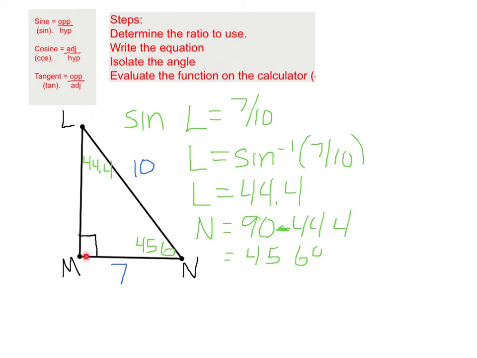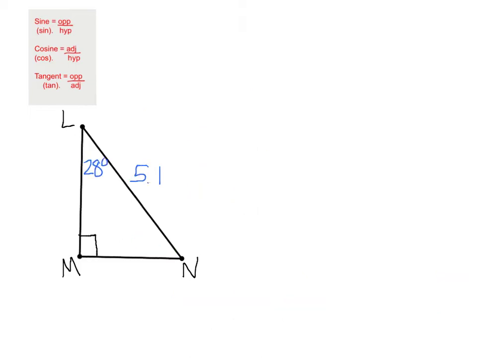We're going to say 7 squared plus LM squared is equal to 10 squared. Subtract and square root, which, again, you know how to do. LM is equal to 7.14. In terms of rounding, it's absolutely okay here: 1 decimal place for angles, 2 for sides. I think those are good rules.